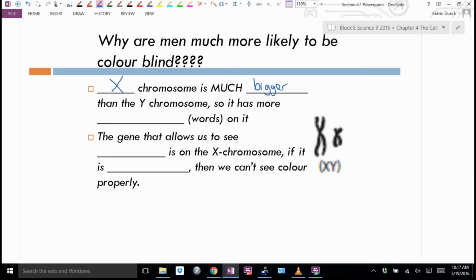So it has way more genes. It's a bigger book with more words, more information. And it turns out the gene that allows us to see color is on the X chromosome.